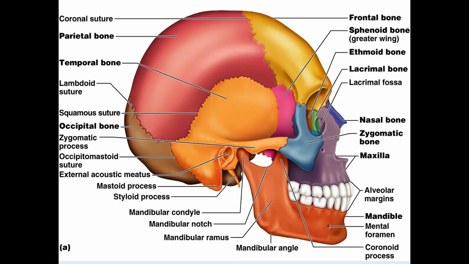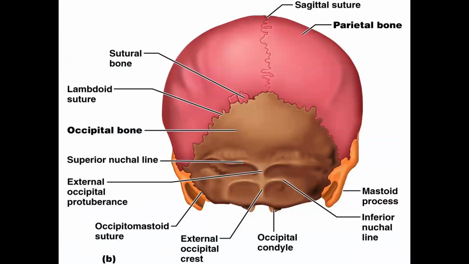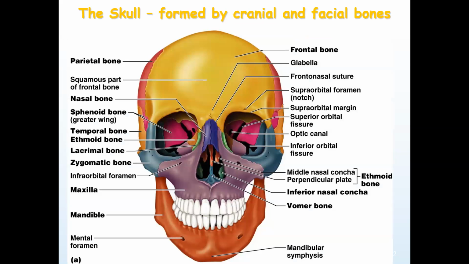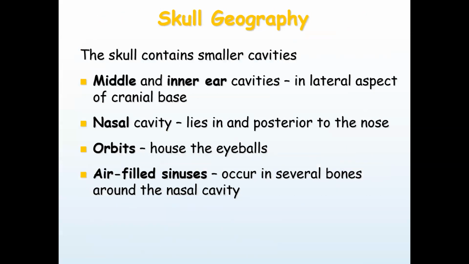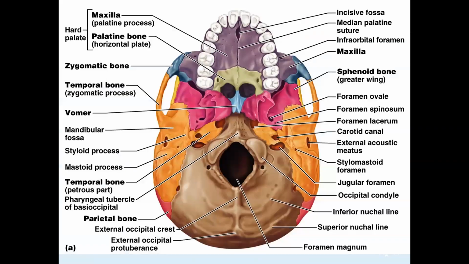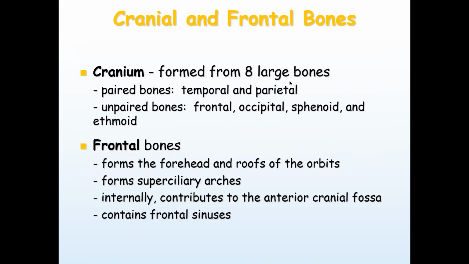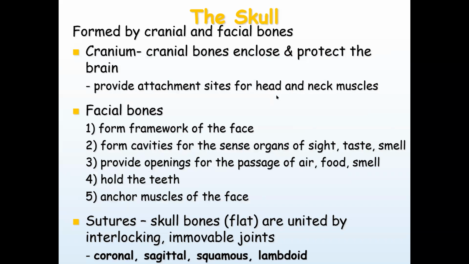It's just that they're easier to see from some orientations than others, right? So remember, this skull diagram is important, that skull diagram is important, and of course this one as well, all right? So that's anterior view, posterior view, and lateral view. Anterior, posterior, lateral, those you need to know, okay? All right. So remember, sutures: coronal, sagittal, squamous, lambdoid.